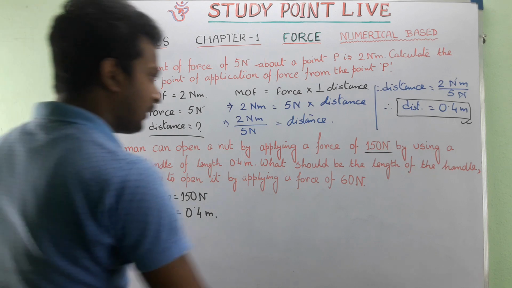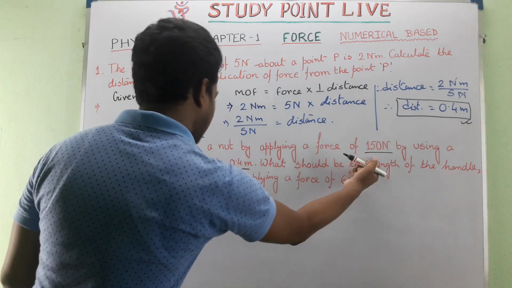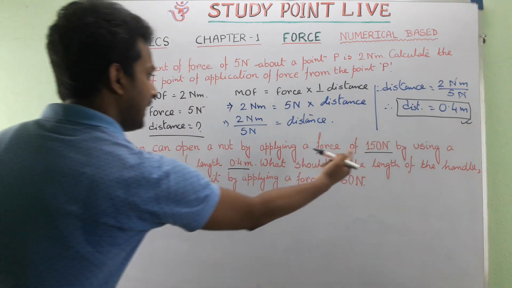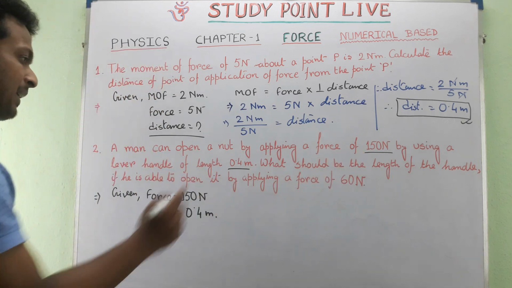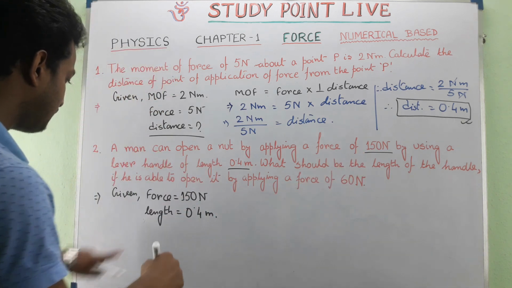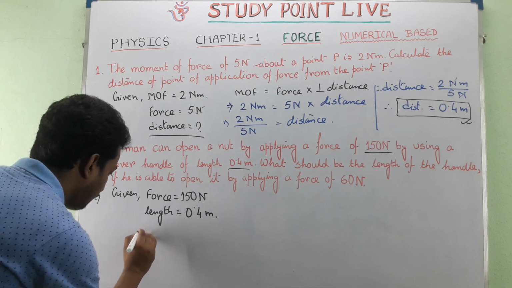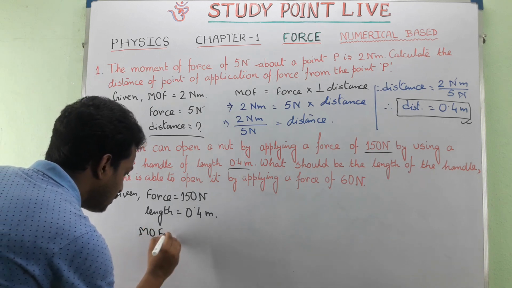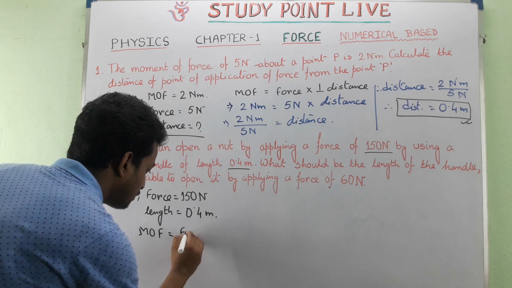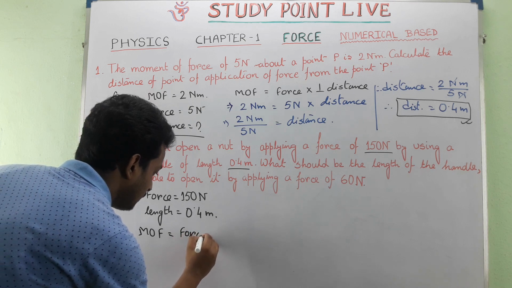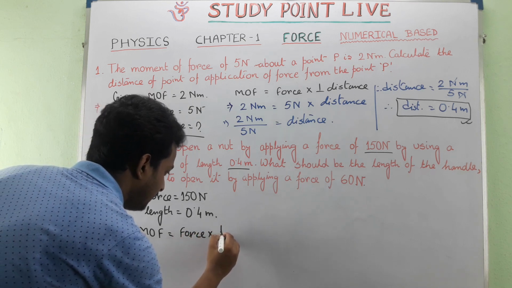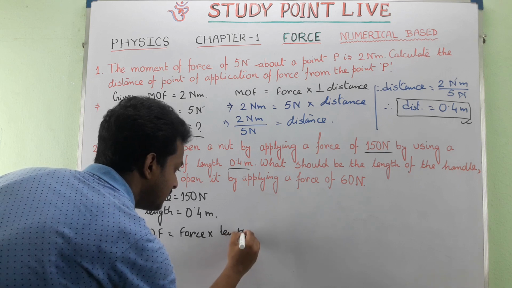Now see, from the first part they have given length and force. So by using these two values, we can find the moment of force. What will be the moment of force? Moment of force is equal to force into distance or length, whatever it is.